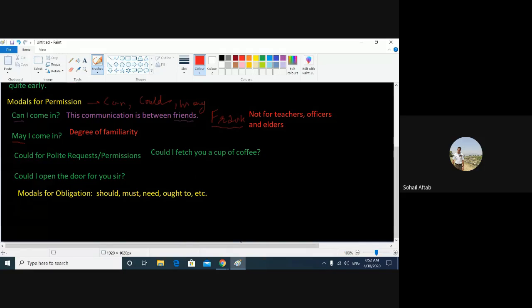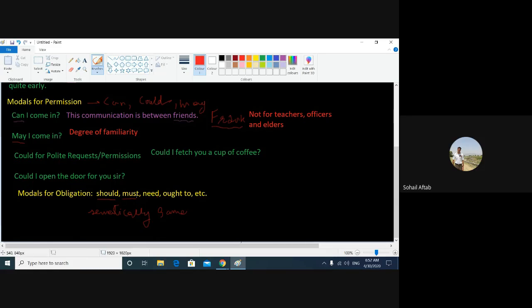The difference between should and must is, they are semantically same. What does it mean that something is semantically same?